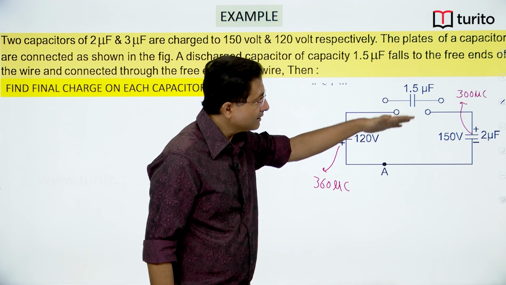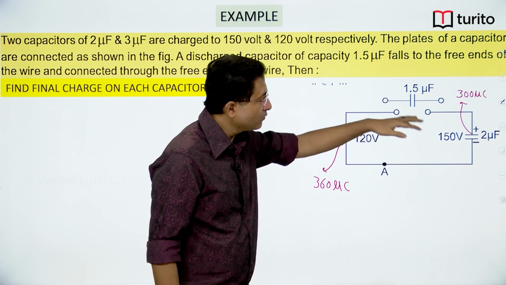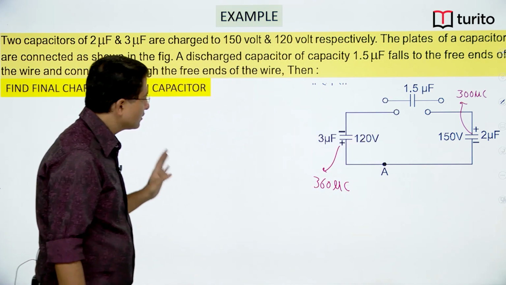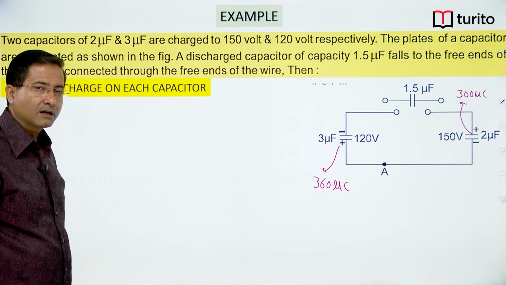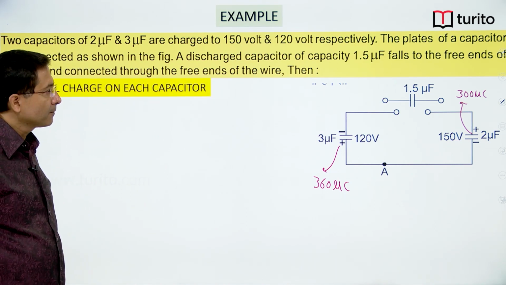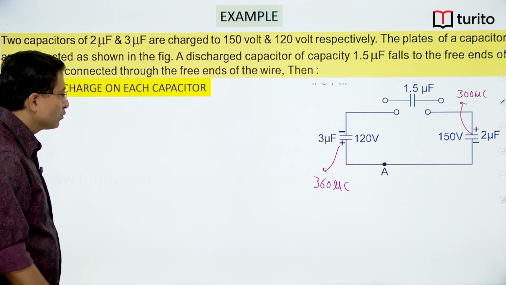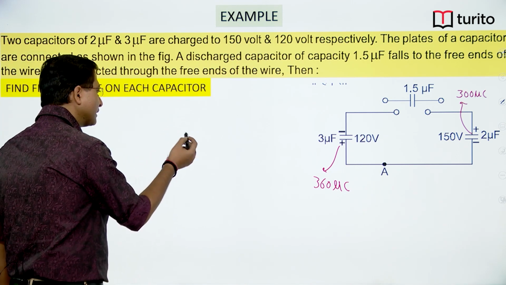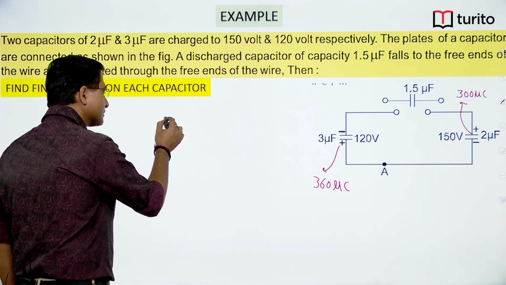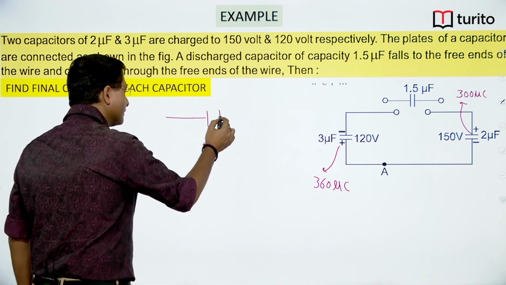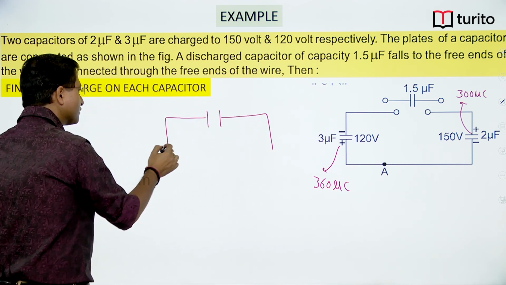So once it is connected, charge starts flowing in the circuit, and the question is, what is the final charge on the capacitor, right? So to get the final charge, see, the procedure is, I don't know the direction of flow of charge.